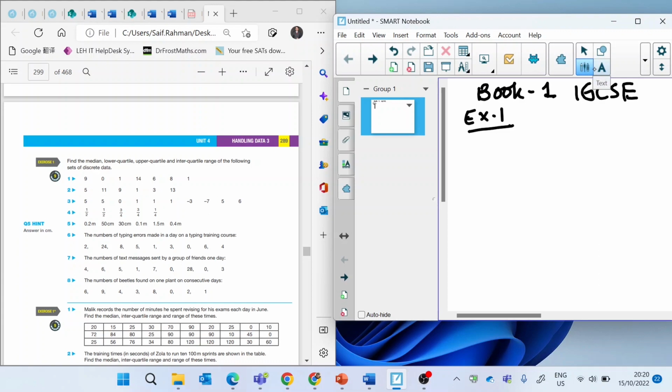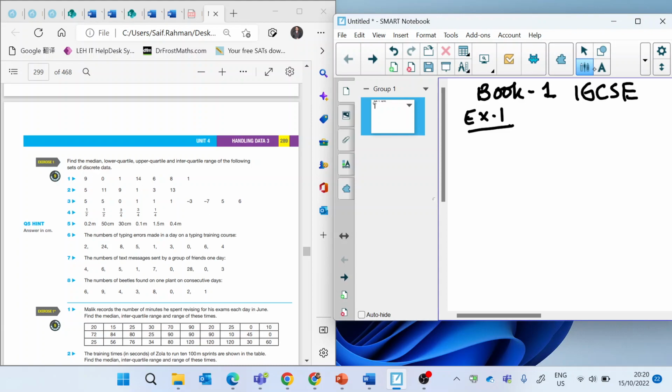In this question, they've asked us to find the median, lower quartile, upper quartile, and interquartile range of the data set. The data set in question 1 is 9, 0, 1, 14, 6, 8, and 1.